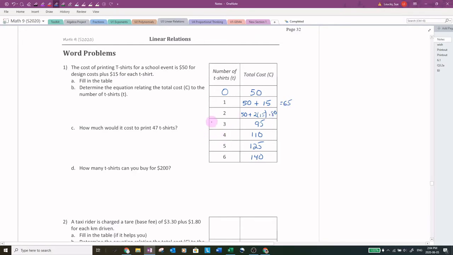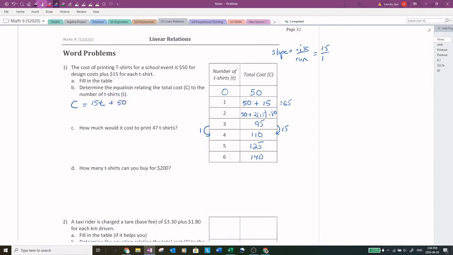And then we want to find the equation relating the costs. So our slope, every time this goes up by 1, this goes up by 15. So our slope, which is rise over run, is 15 over 1. Okay, so the cost is 15t plus 50.